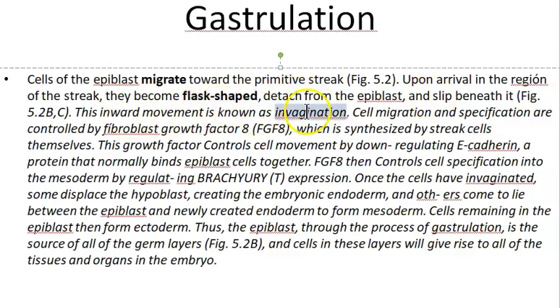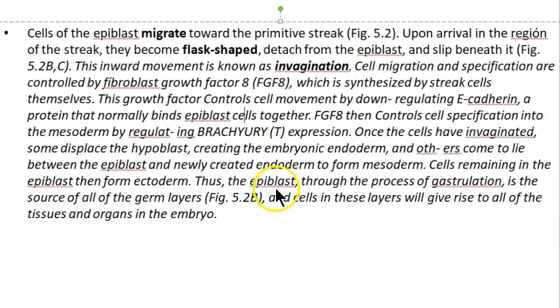They invaginate into this primitive streak. Then there are some things that control all these genes and all. Okay. This much is enough, I think. So the epiblast is the one source for all the 3 germ layers, and those 3 germ layers form our entire body, that is the tissues and organs. Is it clear now? Easy?